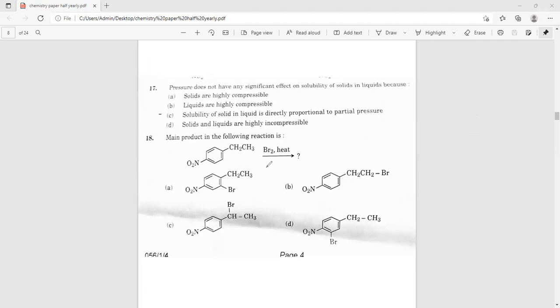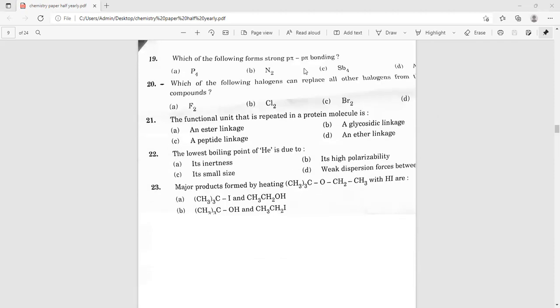Question number 19. Which of the following forms strong p-pi bonding? Which of the following pair forms strong p-pi bonding? Nitrogen, because of small size and absence of d orbital. Nitrogen has only 7 electrons, 1s2, 2s2 and 2p3, right?